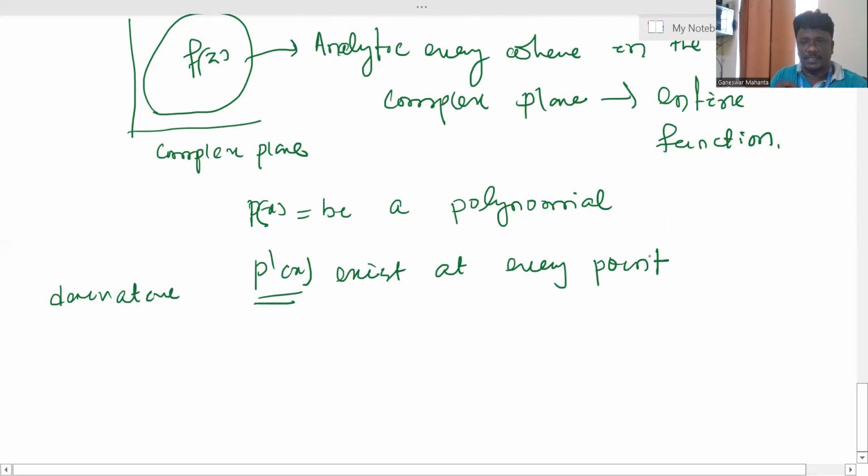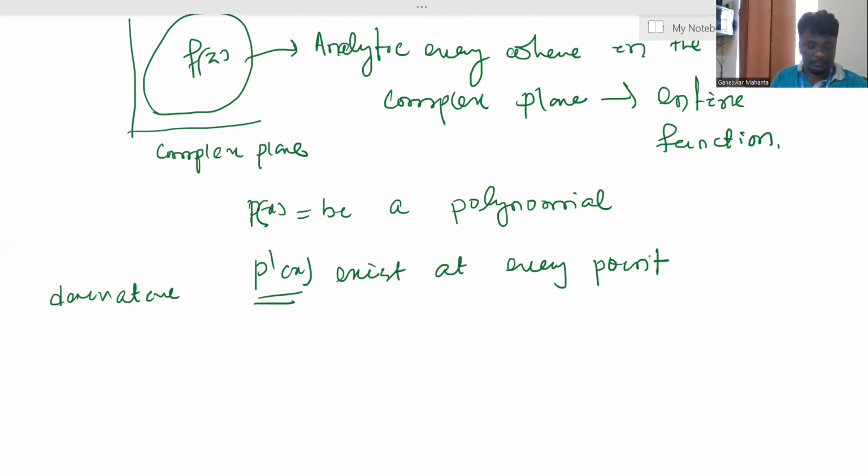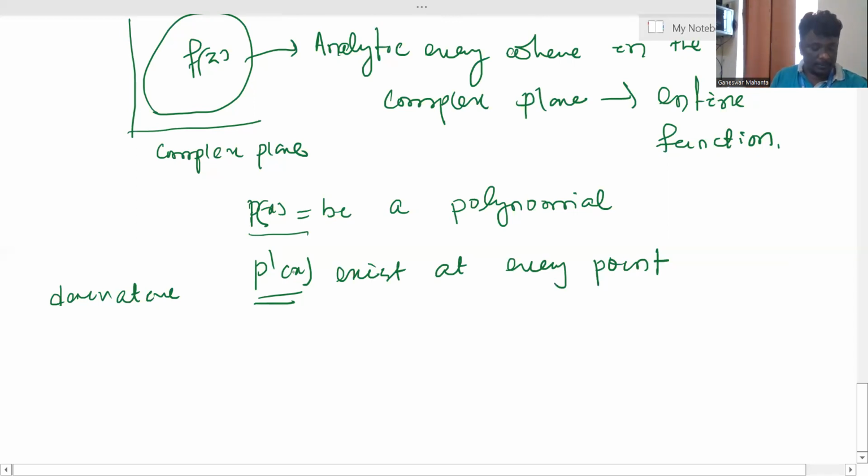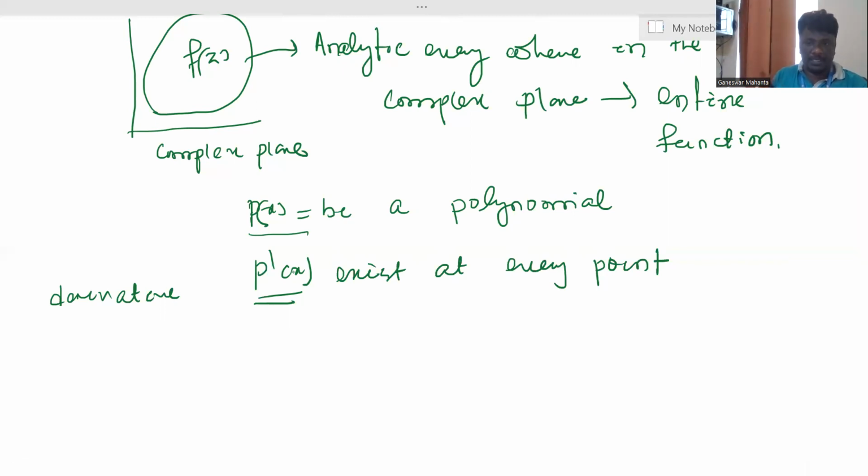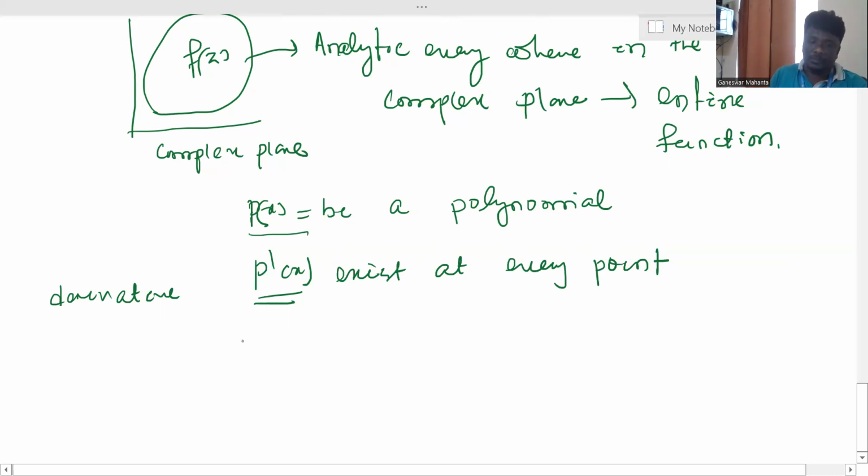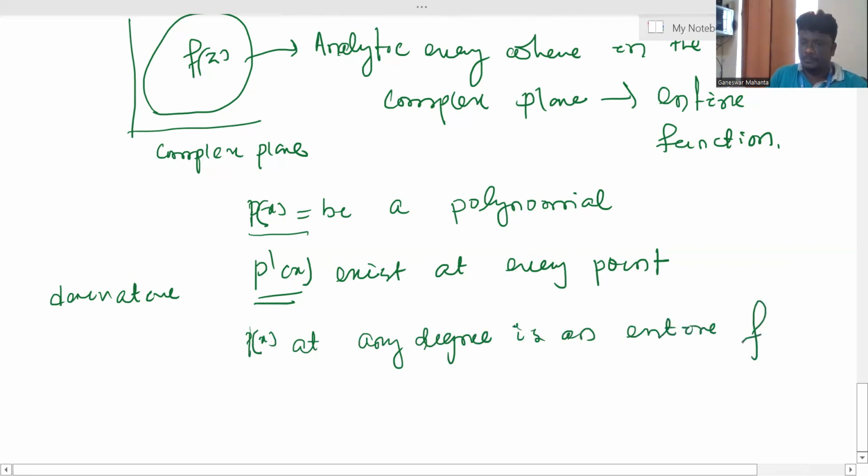A polynomial of any degree is an entire function.